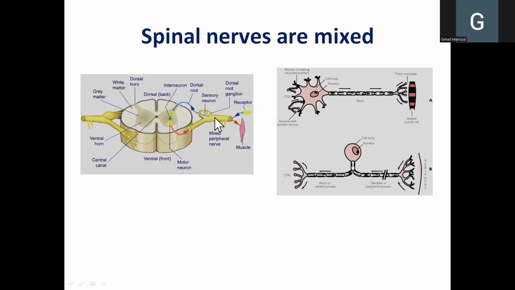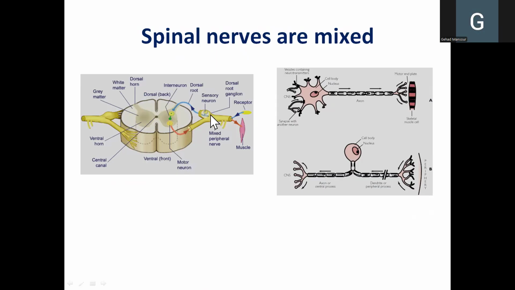But as the mixed spinal nerve approaches the central nervous system, it divides into two roots, a dorsal root and a ventral root. Of course, if I ask you about the difference between the dorsal root and the ventral root, the dorsal root is posterior and the ventral root is anterior. That's why this one is called dorsal and that one is called ventral. The dorsal root is sensory, purely sensory, and the motor or the ventral root is purely motor.